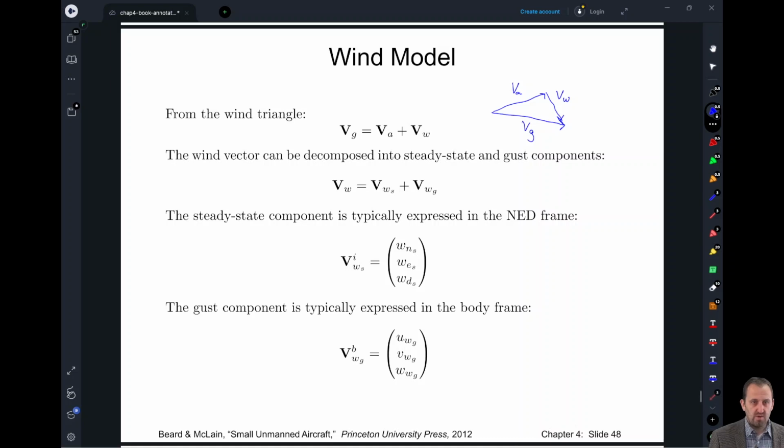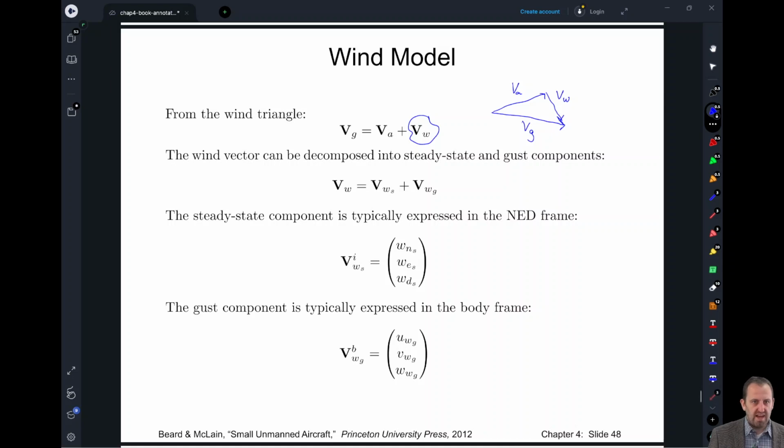Now that relative wind vector was quite important for defining the forces and motions that acted on our aircraft. And in fact, we used the side slip angle and the angle of attack to help us define those forces and moments. So now, this lecture, we're going to talk almost exclusively about this v sub w.